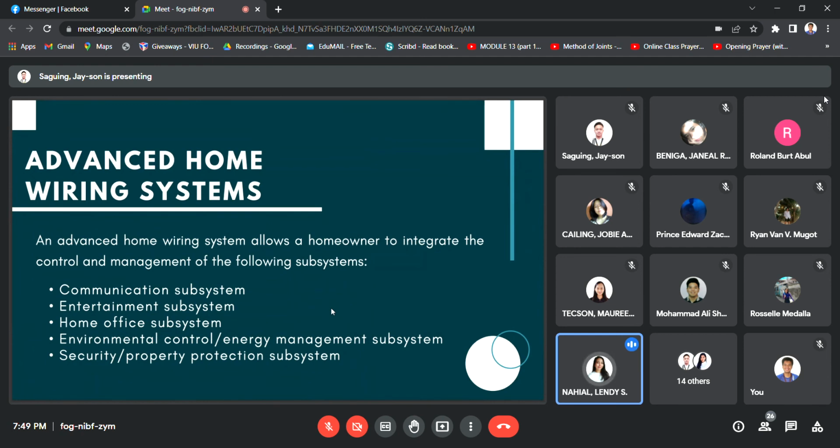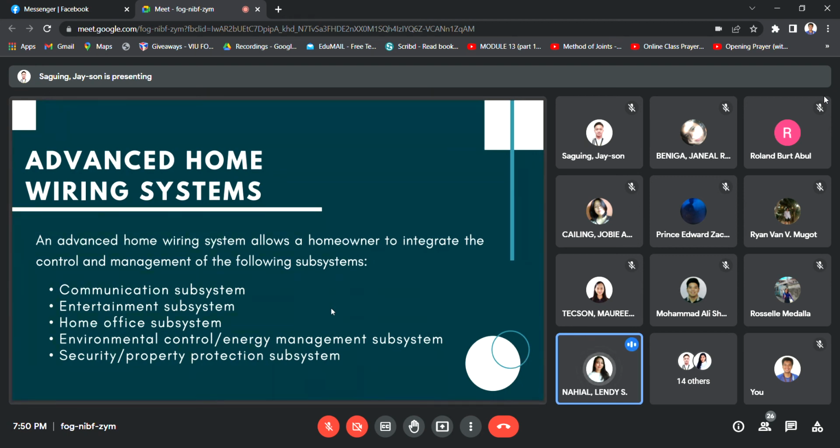The first subsystem is the communication subsystem, which includes the intercom, phone, message recording, fax, and email. The next subsystem is entertainment, which includes whole house stereo, VCR, cable, digital, and satellite television, and home theater system. The next is the home office subsystem, which includes computers, printers, and scanners.